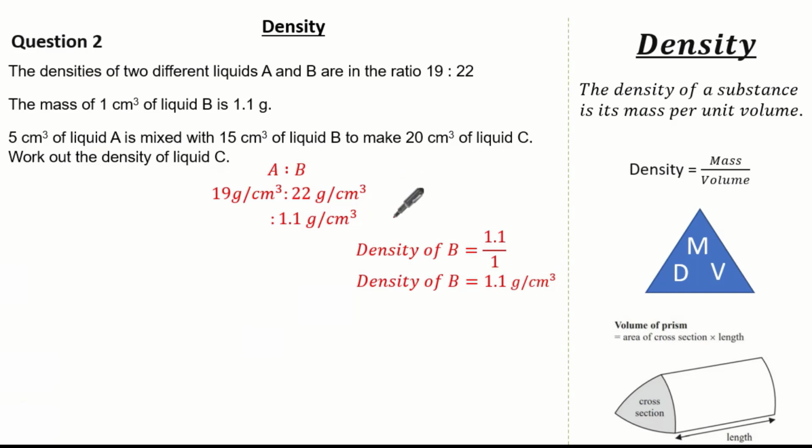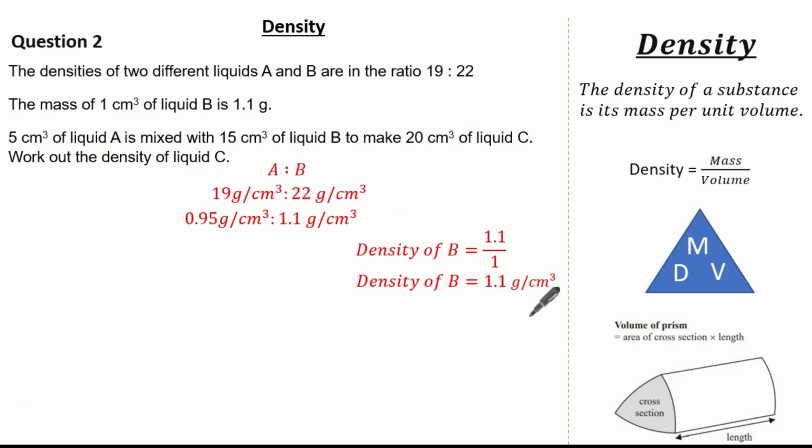So therefore, 1.1 grams per centimeters cubed for B would be 0.95 grams per centimeters cubed for A, because all we did was simply divide by 20. So dividing by 20 enables us to find the density of A.